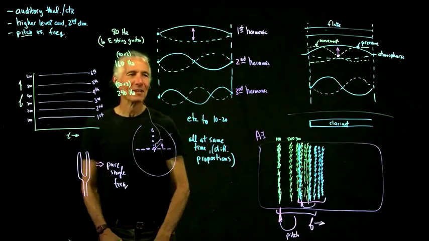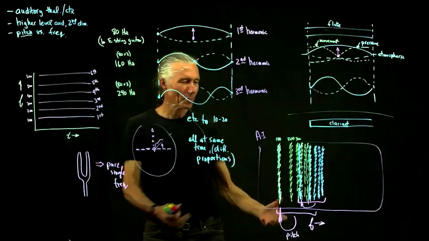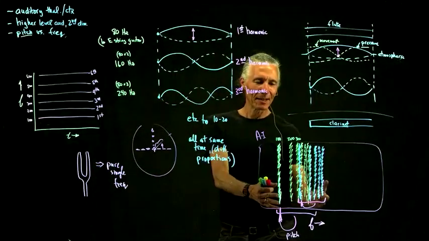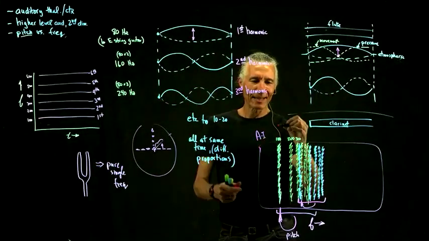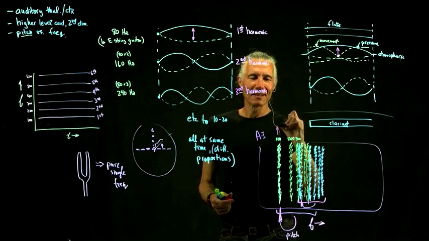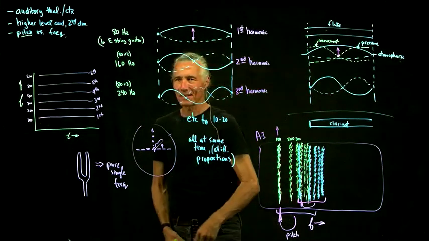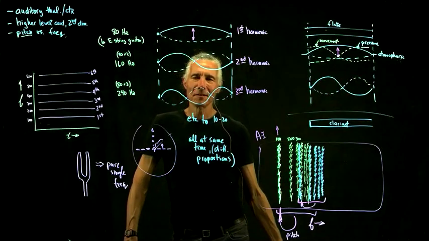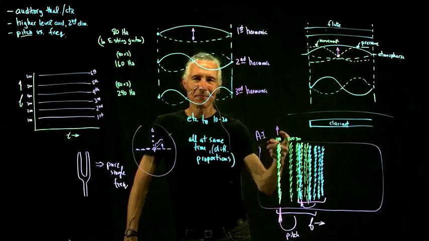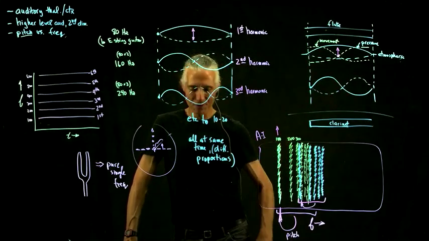Whereas with perfect pitch, you play this sound with harmonics in it, and you're able to say, I know that's the C on the second string of a guitar.